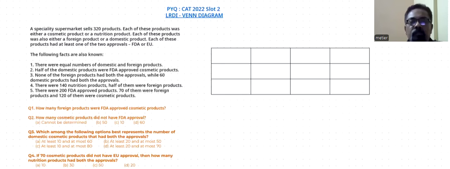Now, next. Each of these products had at least one of the 2 approvals. What does the word at least mean? It means it will be approved by FDA, or approved by EU, or approved by both.